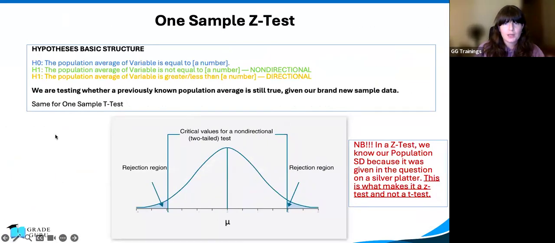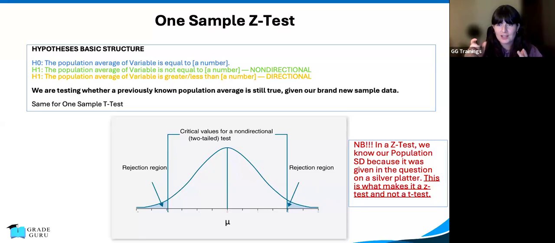So we're coming back to the alpha in a second. We look at our normal distribution, right? Our population mean, which we know based on previous research, is sitting in the center as usual. When we do our own new study and we get a sample mean, we're trying to figure out where on this distribution our sample mean would fall.